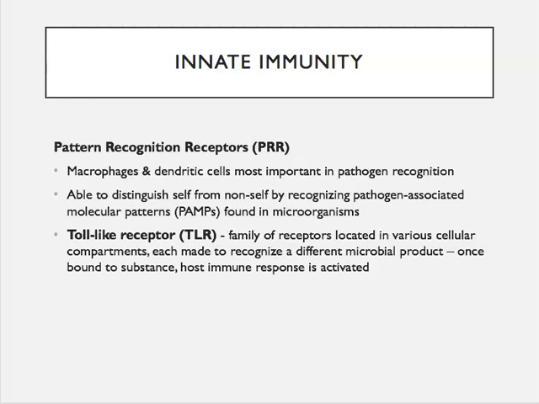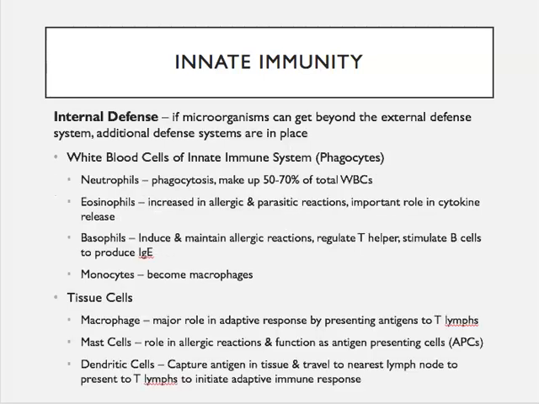So the cells of the innate immune system, we've got white blood cells, specifically phagocytes, which translates to cells that eat cells. And if you remember from last semester, I referred to them a lot of times as the little Pac-Man cells because I just imagine them going throughout the body and gobbling up all the foreign antigens. So they help with the destruction of foreign particles.